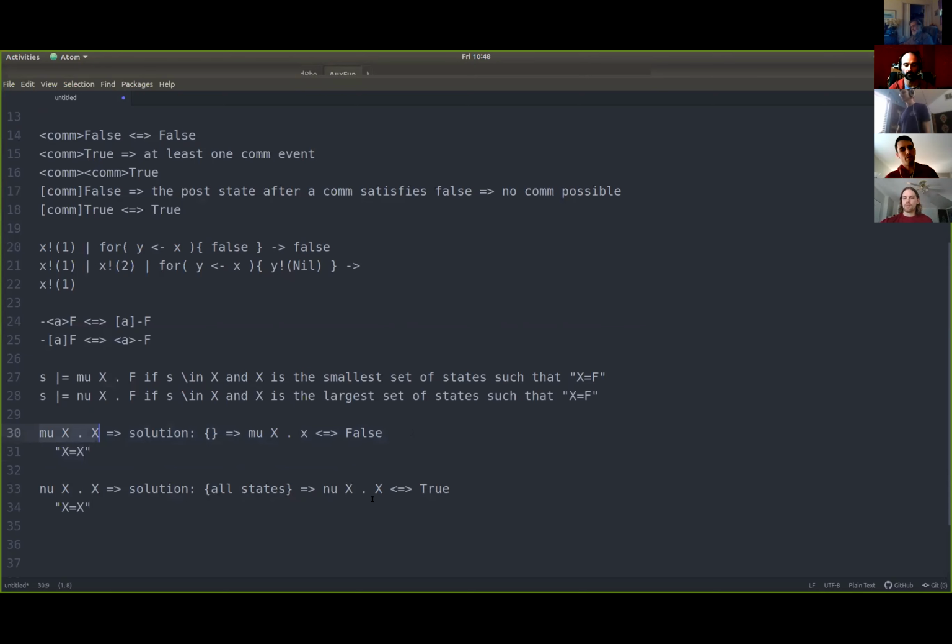Yeah, and I think that's why the minimal and maximal fixed point operators are so confusing, because it almost seems like we're writing the same equations here, but somehow we're getting different solutions out of it, and somehow we have some ordering of the solutions to the equation that we're asking for here. So to me, it seems confusing.